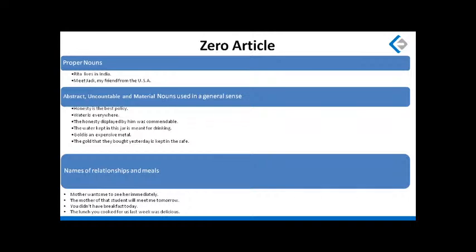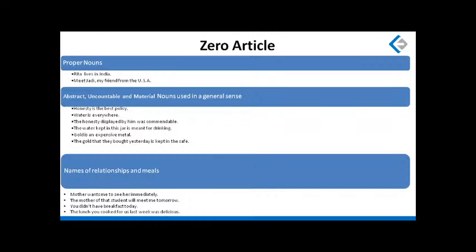Then names of relationships and names of meals should not be preceded by an article. When you say mother, it is fine if you don't say "the mother". You can say my mother. You can also say your mother, his mother, or her mother, whosoever's mother you want to refer to.